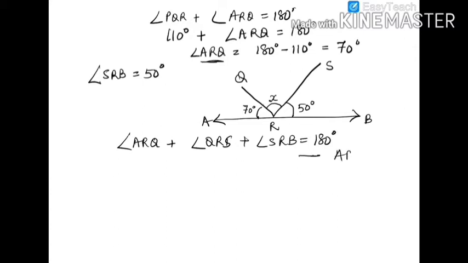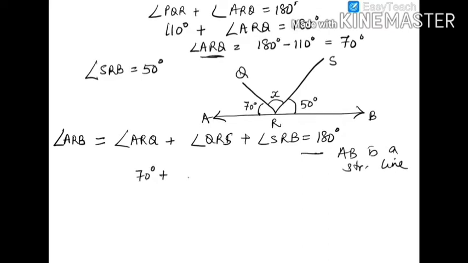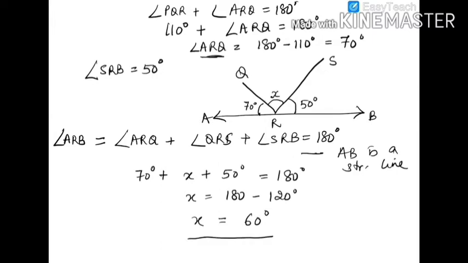Reason: AB is a straight line, and these angles sum up to angle ARB, which is equal to 180 degrees. Now we can substitute all the values that we have got. So 70 degrees plus x plus 50 is equal to 180 degrees. So x is equal to 180 minus 120, that is equal to 60 degrees. So x is 60.